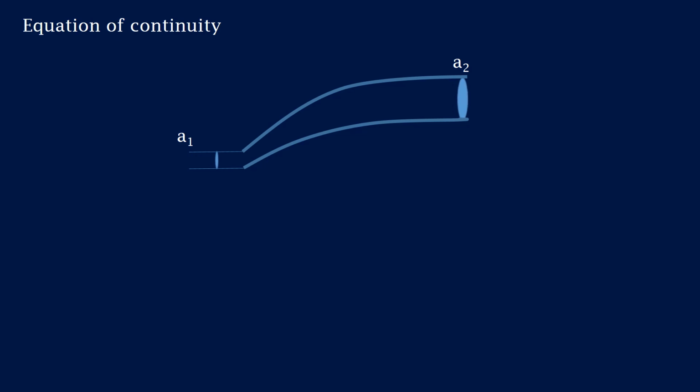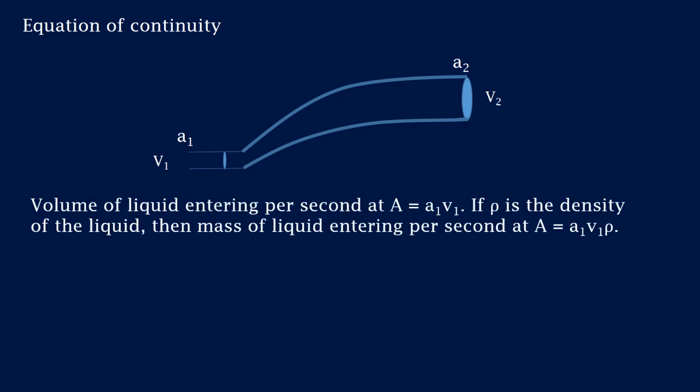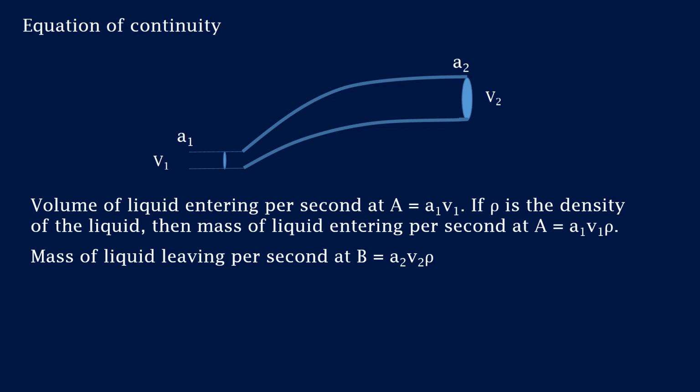Therefore, the volume of liquid entering per second at A is given by A1 V1. If ρ is the density of the liquid, the mass of liquid entering per second at A equals A1 V1 ρ. Similarly, the mass of liquid leaving per second at point B equals A2 V2 ρ.